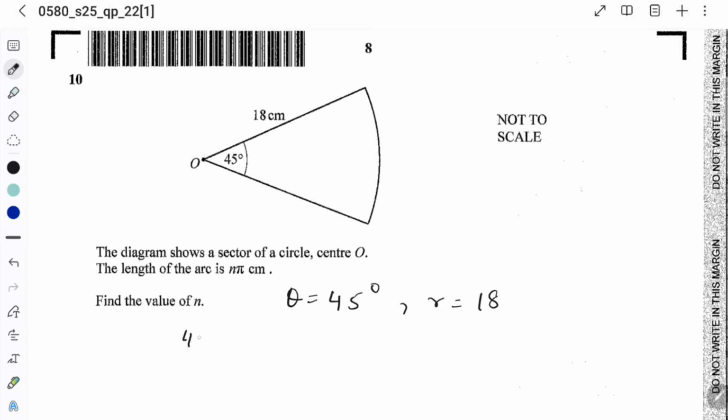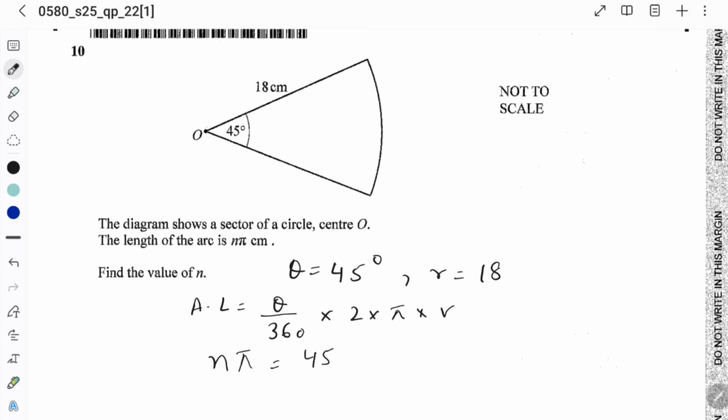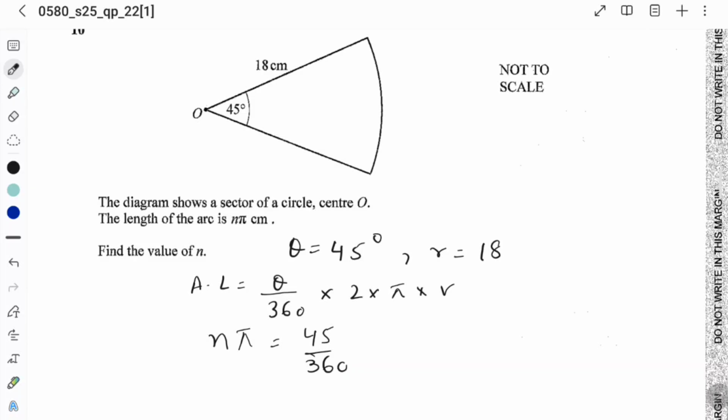So just write down the formula: arc length is equal to theta over 360 degrees into 2 into pi into r. So n pi is equal to 45 upon 360 degrees into 2 into pi into radius, which was 18.